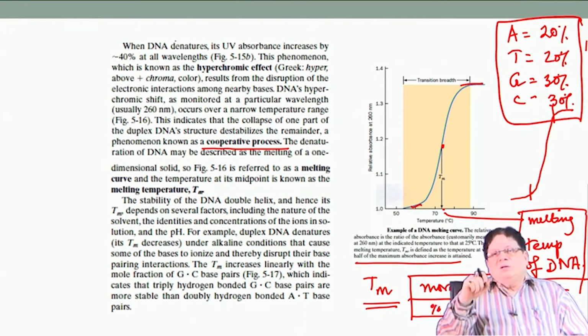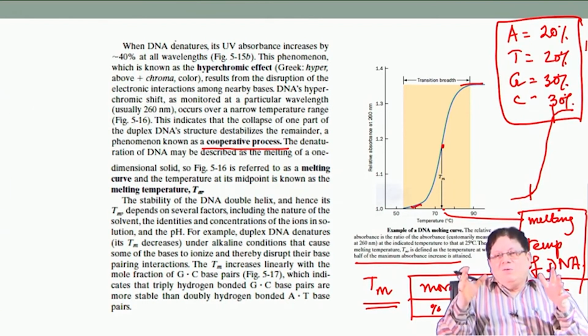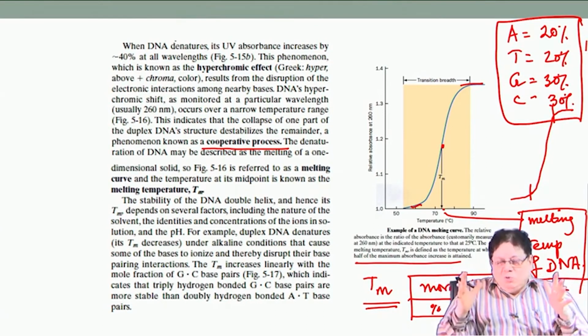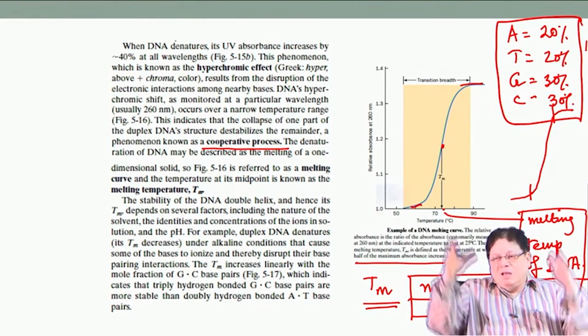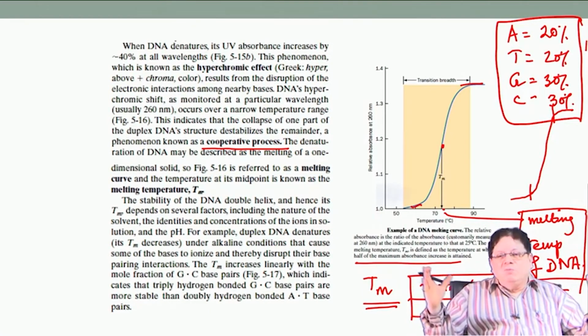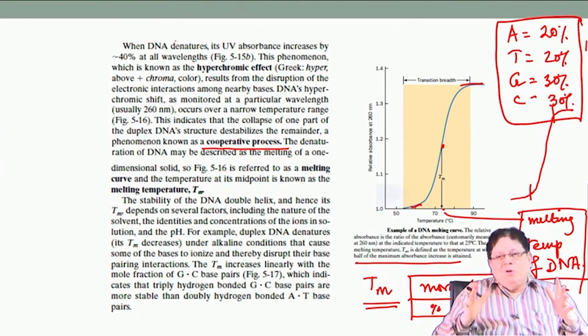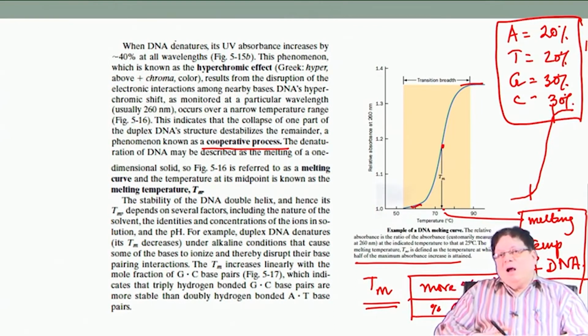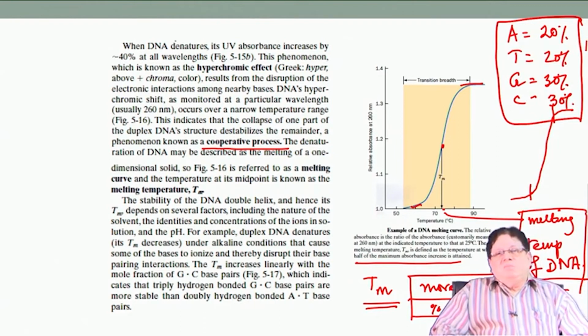If you increase the concentration of sodium chloride, because of the presence of excess chloride ions, the phosphate will repel these chloride ions, and so the two strands will be more intimately connected. They do not want to separate, because they are all surrounded by chloride ions. So, they push the DNA and make it more strong, and if it does that, that means a higher concentration of sodium chloride will raise the melting temperature of the DNA.